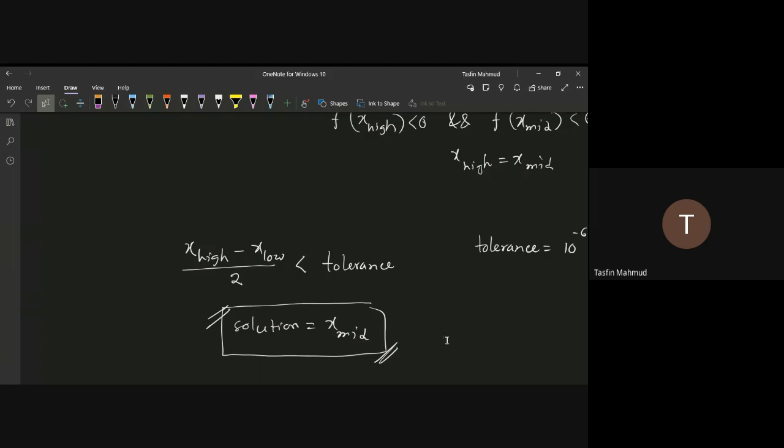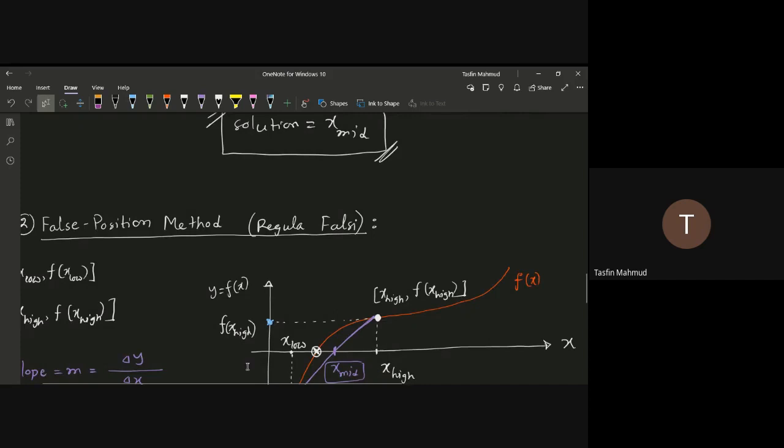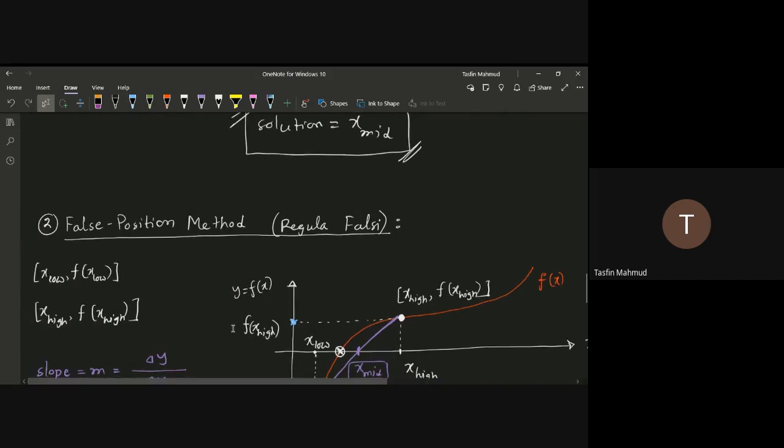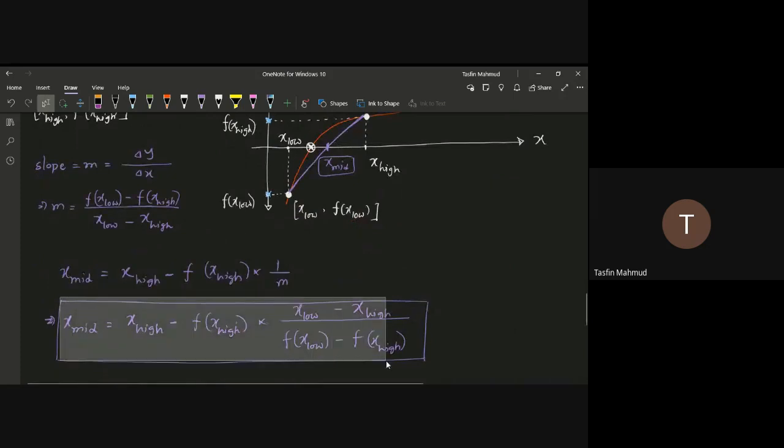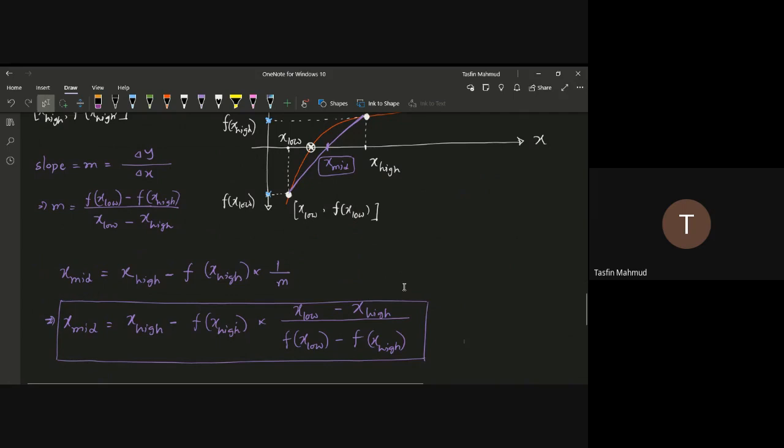There is no difference between the Regula-Falsi and bisection method. The only difference is the method of calculating the midpoint. So any queries about this portion?